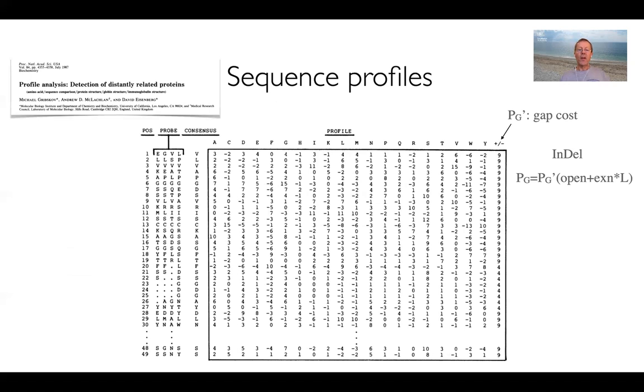So sequence profiles, also an old method. This is the original paper where sequence profiles were first proposed. As you can see, it's quite old. And here is a figure from that paper, so that's why it looks a little different from the previous figure. Essentially, this is a PSSM. It's this part here. Only notice that the matrix has been turned on its side.